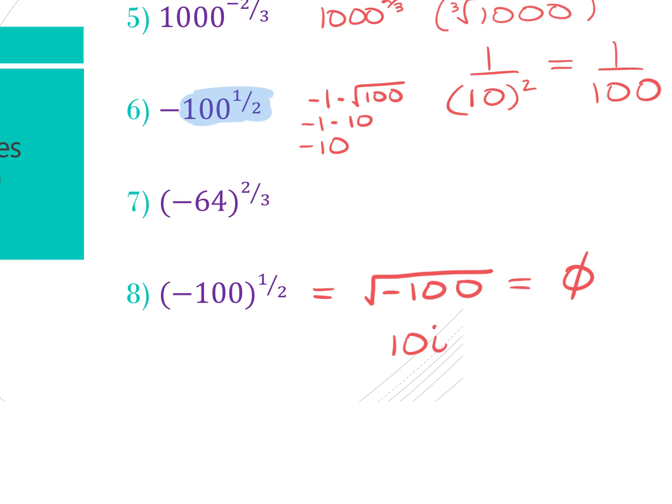So now let's go back up to number 7. Notice the base here is negative. However, the root we're finding is an odd root. We can do this. So for example, we're going to take the -64 and put it under the radical, but we're finding the cube root, and then we're going to square it. So I can actually find a number multiplied by itself 3 times that will give me -64.